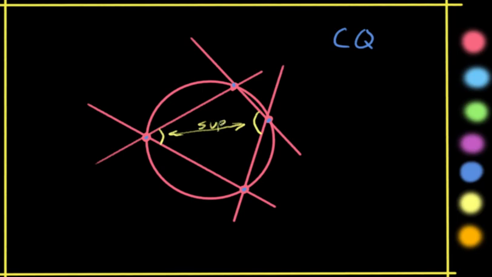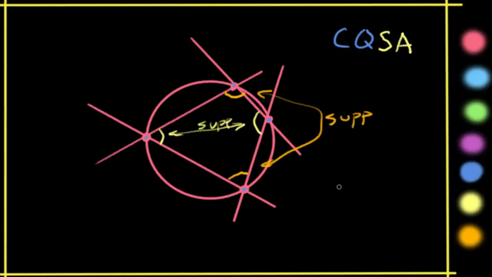So that's the S. Cyclic quadrilateral supplementary angles theorem. And at the same time, if we take the other opposite pair, this one and this one, those will also be supplementary.